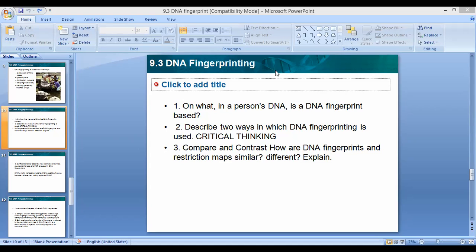Listen to me. Now, restriction maps in general are based on DNA fragments, right? Yes. Okay. Now, DNA fingerprinting, on any fragment, is based on the non-coding part.